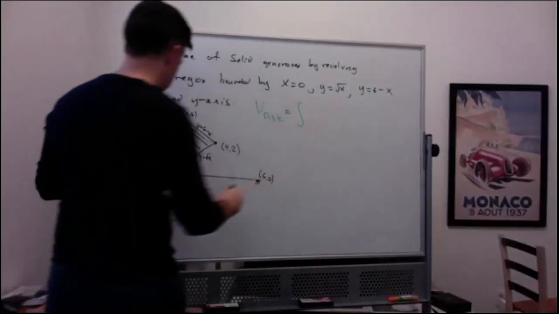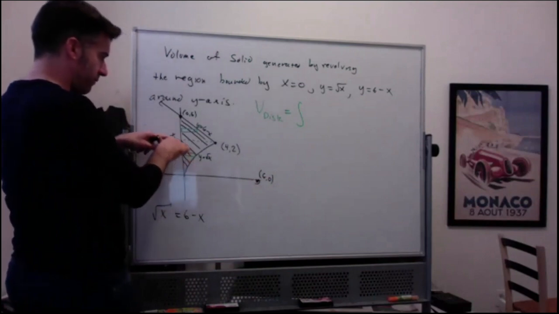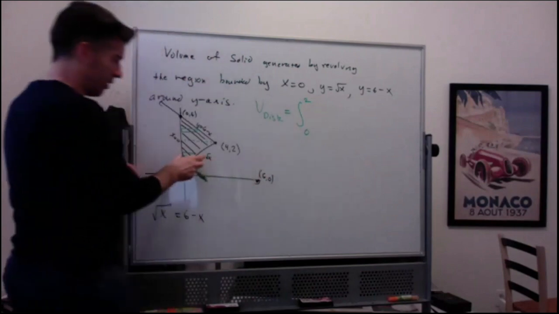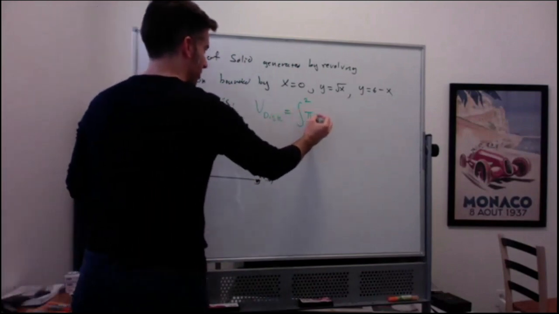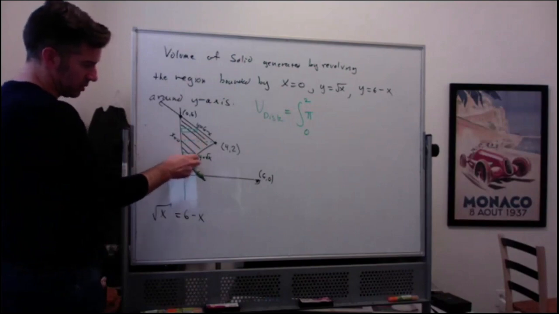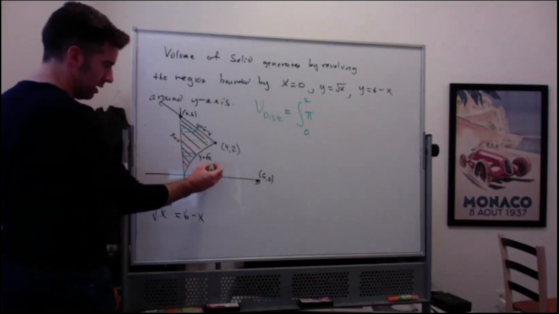the integral from 0 to 2, because we're doing it in terms of y, of pi times the radius squared. And the radius here in this region is the square root of x, which is x equal to y squared.